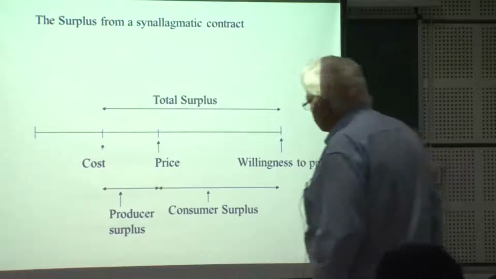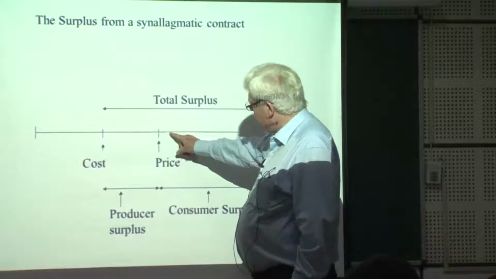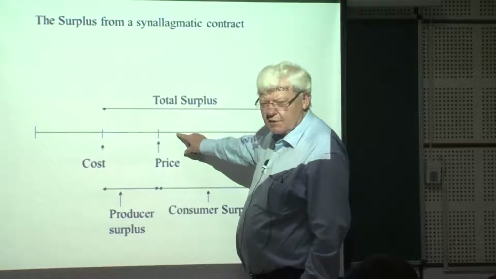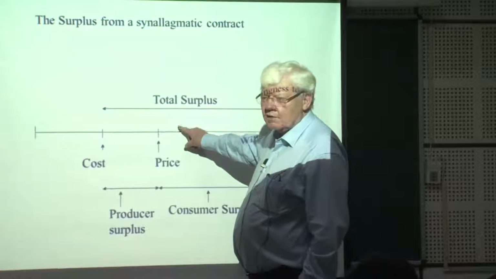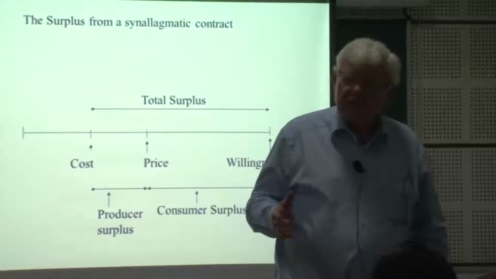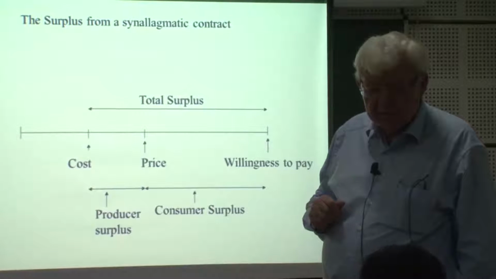Exactly. So if this is the old price, then if a new buyer comes, he must at least, so now assume that this is the reliance investment here, then the price must at least be the old price plus the reliance investment, because that money goes to the first buyer.